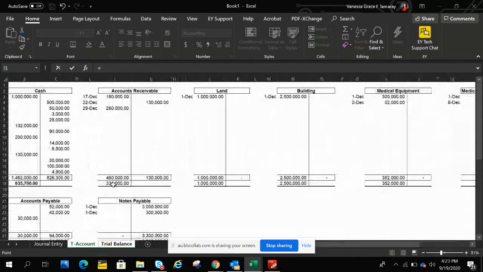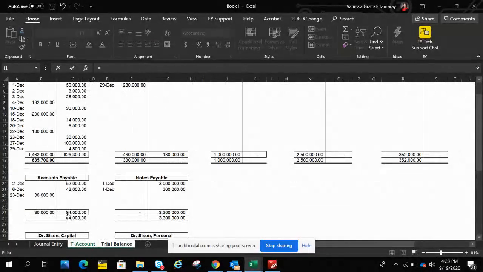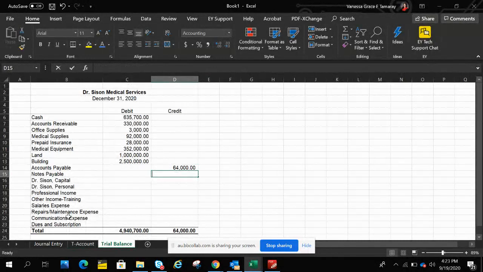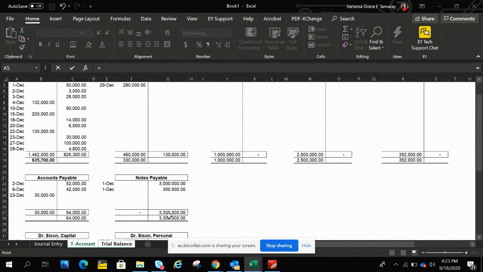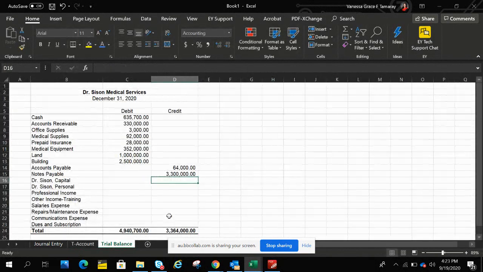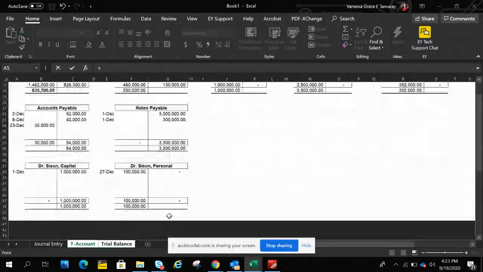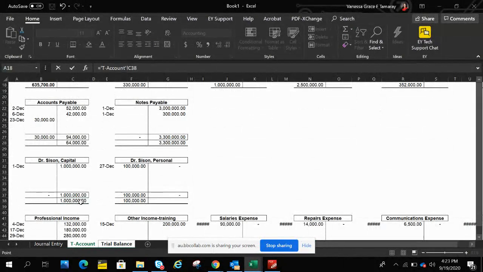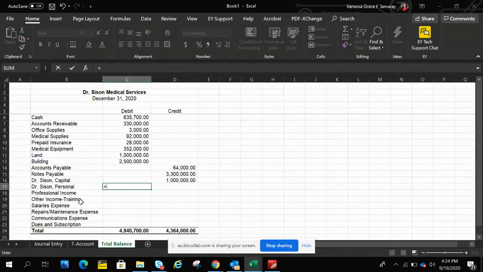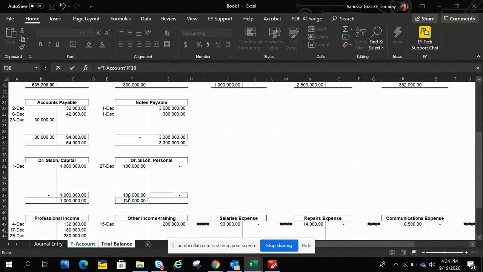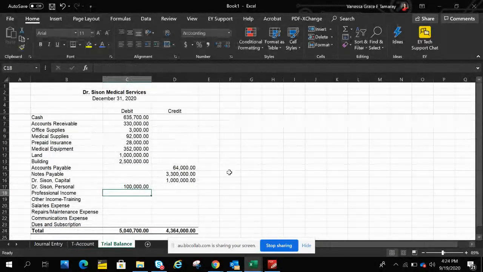Diba? Then, liability. Magkano yung accounts payable? 64,000. Then, notes payable, 3 million. And then, the capital, 1 million. About non-debit, kasi yan ay contra equity account, 1 million.